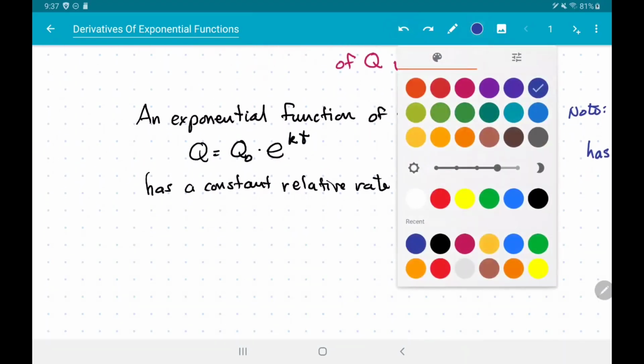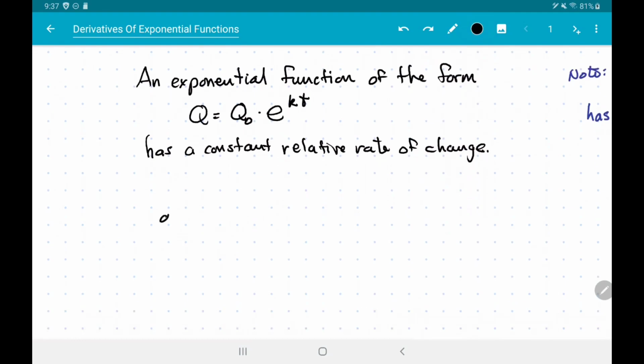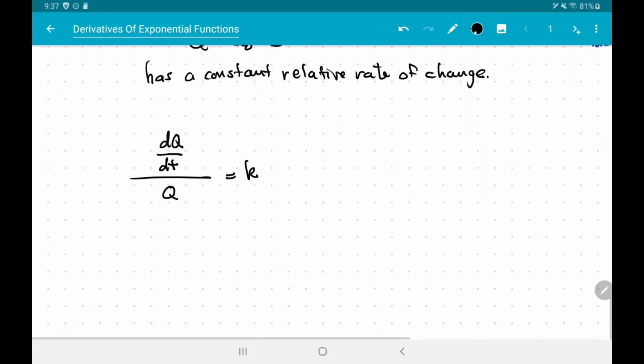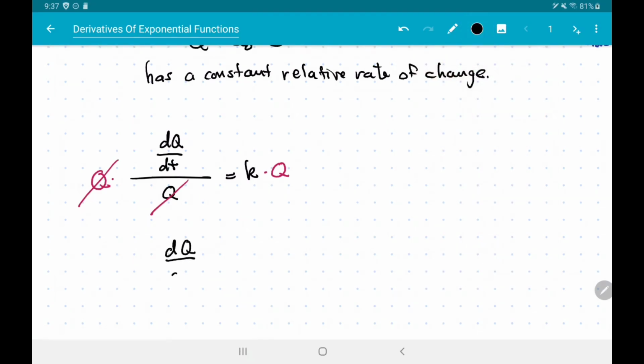Another consequence of this, let me rewrite this as dq over dt over q equals k. I can multiply both sides of this by q, and cancel out the q there, and get that dq over dt is k times q.